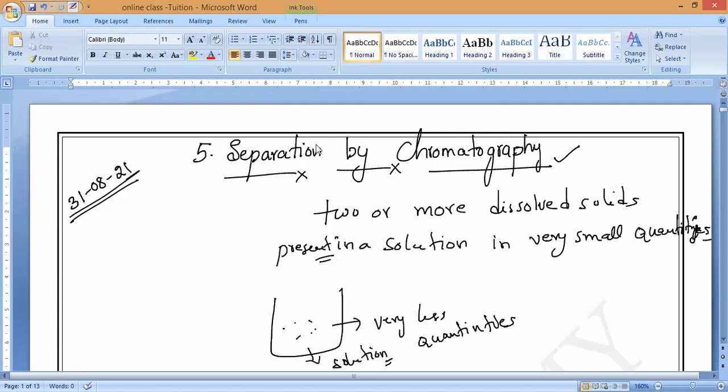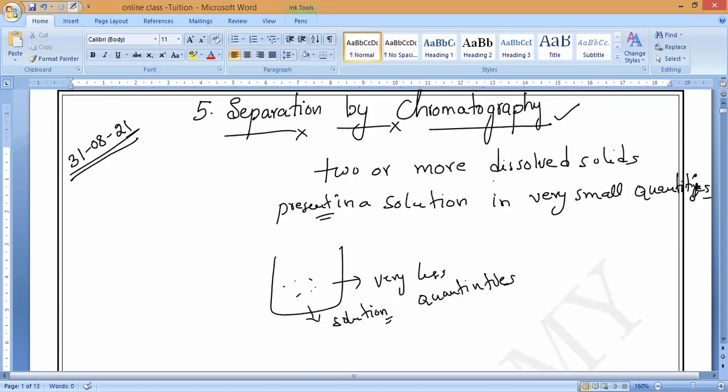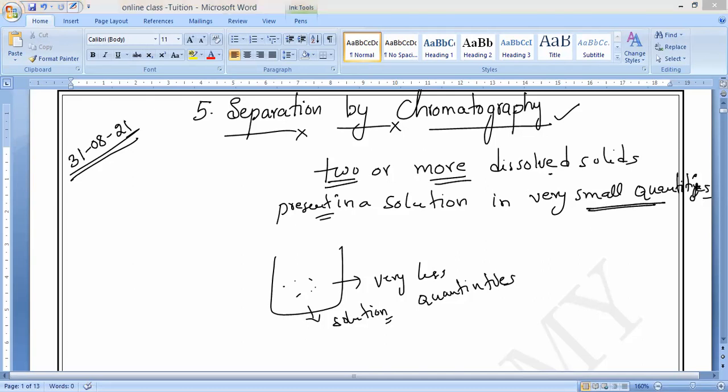You have to remember it: the given solution must contain two or more dissolved solids, and their quantity should be very small. Then only we will use the technique called chromatography.